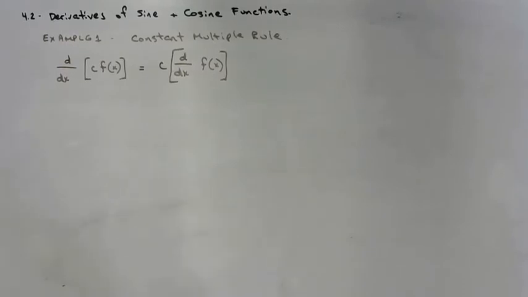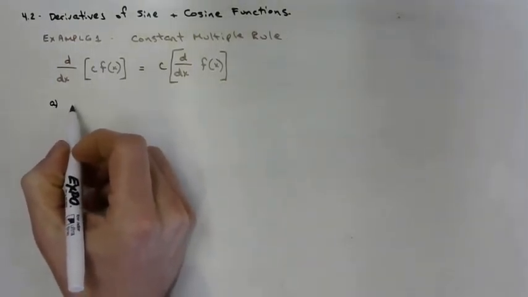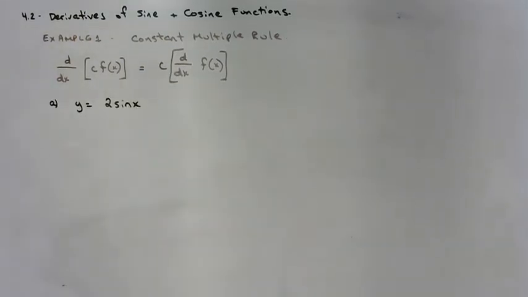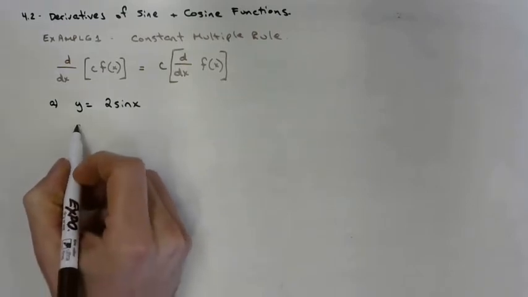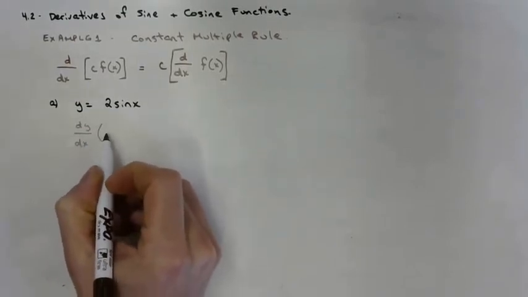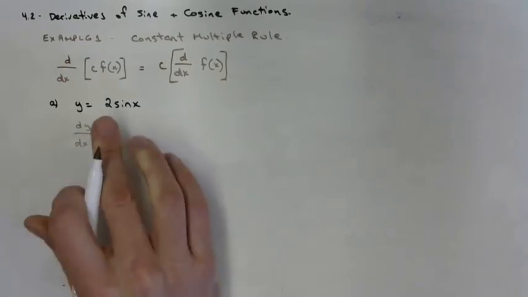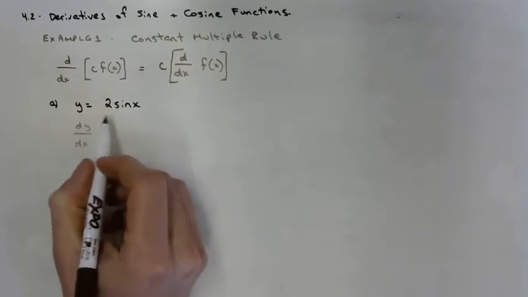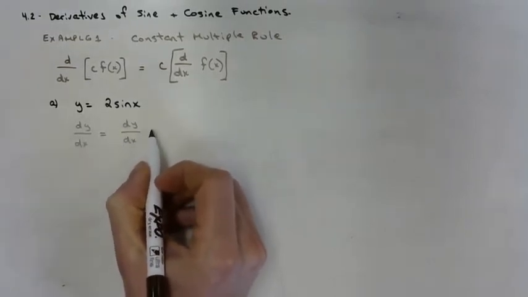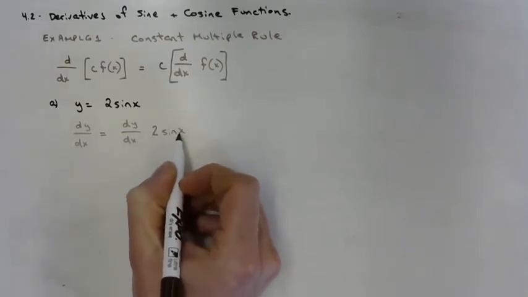Did we skip for part 1? So our first effort here, y equals 2 times the sine of x. Well, what are we going to do? We're going to take the derivative of it. So the derivative of y then is the derivative of 2 times the sine of x.